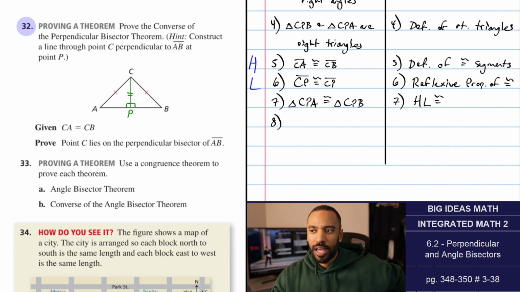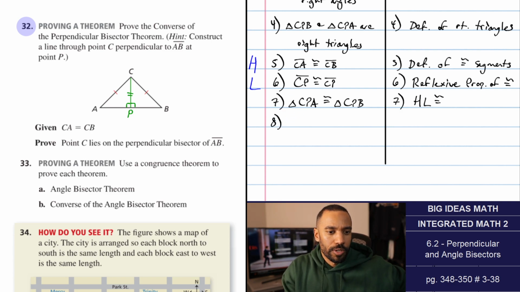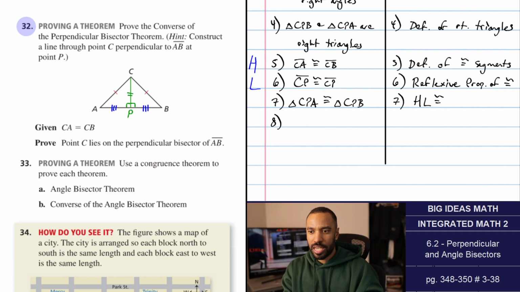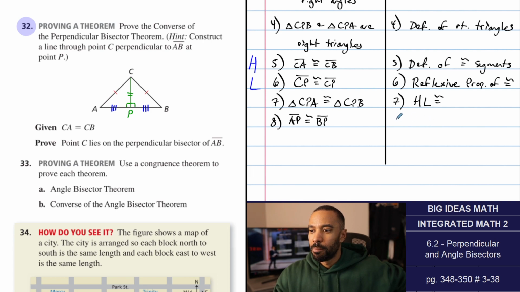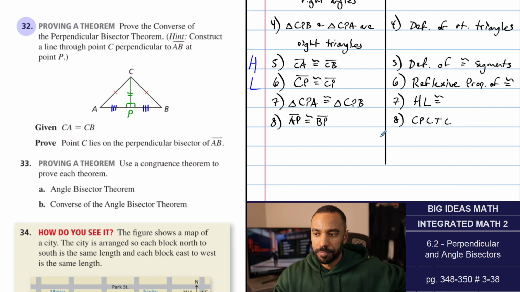Statement 8 now allows corresponding parts of congruent triangles to be congruent, such as these parts right here. Segment AP is congruent to segment BP. This might be a 10-step one. By CPCTC, corresponding parts of congruent triangles are congruent.